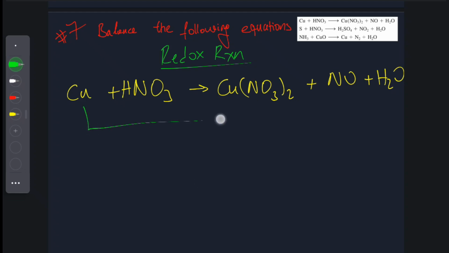So copper becomes copper 2 plus and nitrogen is reduced. So this is the oxidation and this is the reduction reaction. And I want to write them separately to balance them.